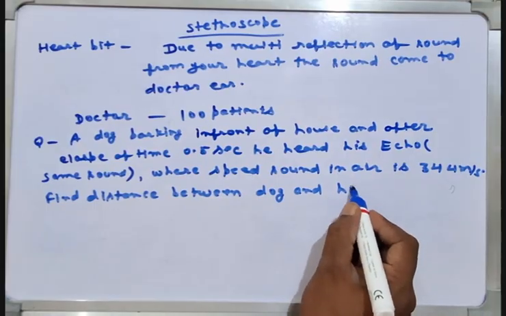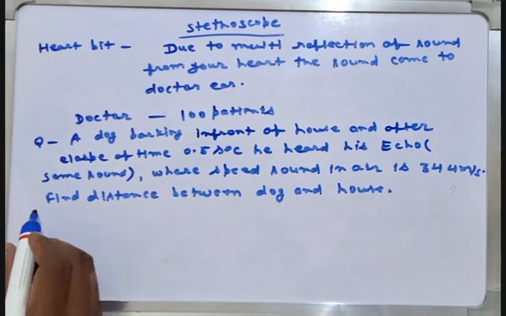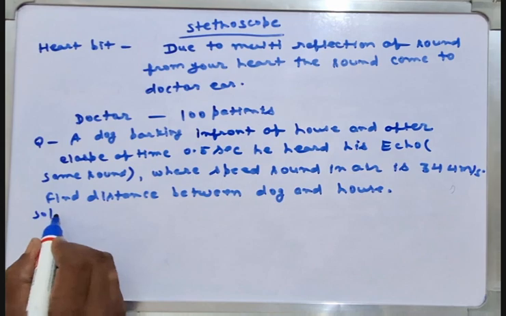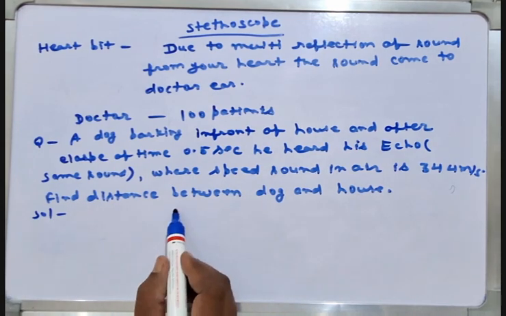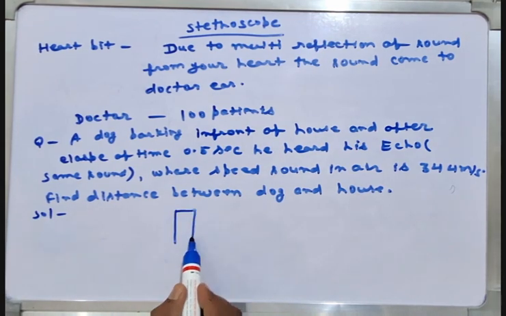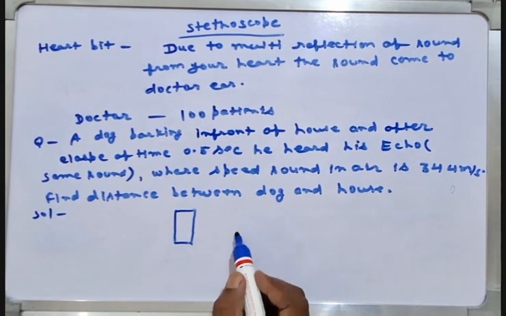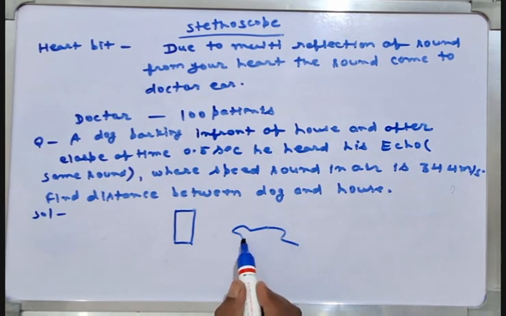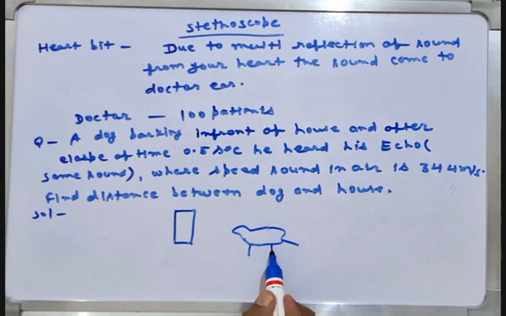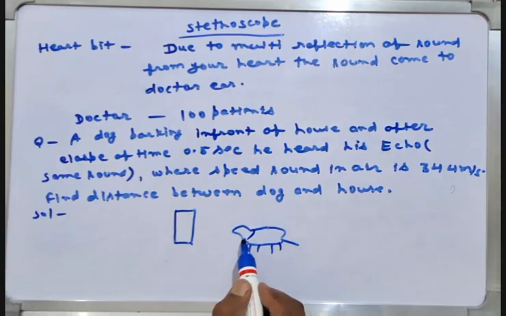Okay, so solution guys here, suppose this one is the house. Okay, and now here is the dog. So what happened here guys?